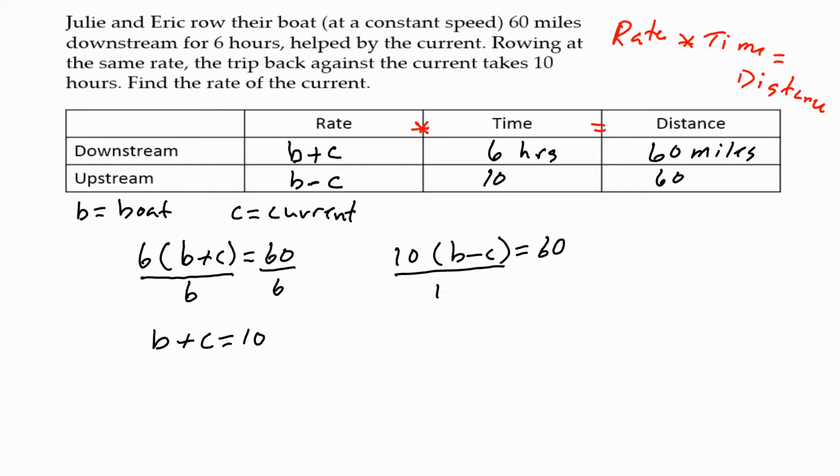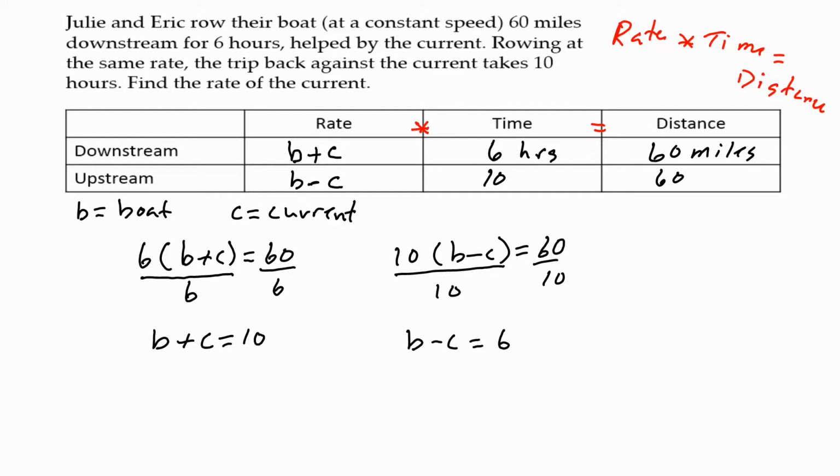The right equation, divide both sides by 10. That'll be B minus C equals 6. Now these numbers that were chosen for this problem, they divide out nicely. If they did not divide out nicely, then you can just leave it as a decimal.